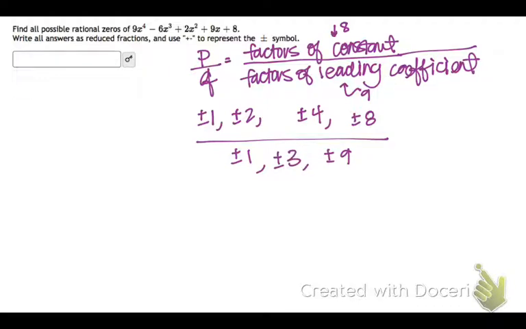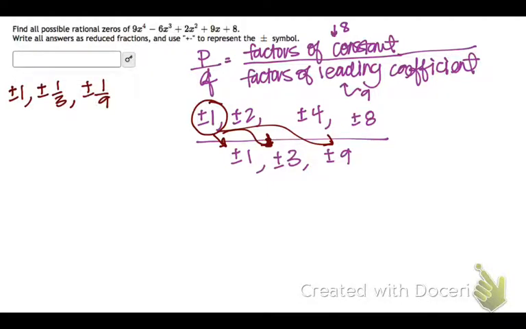And then to write these all out, let's start with the 1. I'm going to take 1 and divide it by 1, divide it by 3, and divide it by 9. So I have 1, 1/3, and 1/9. I'm going to do the same exact thing with the 2. So I get 2, 2/3, and 2/9.